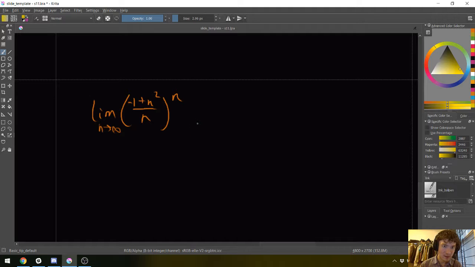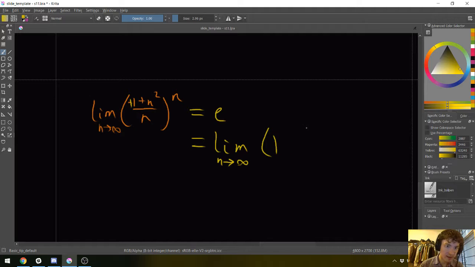Oh wait, wasn't that right? Maybe the sign was backwards. No. Yeah, it should be. The sign should be the other way. Good. Yeah, the way I remember it is, so yeah, this is e. The way I remember it is the limit as n goes to infinity of what is it? 1. Oh, maybe these are both plus.